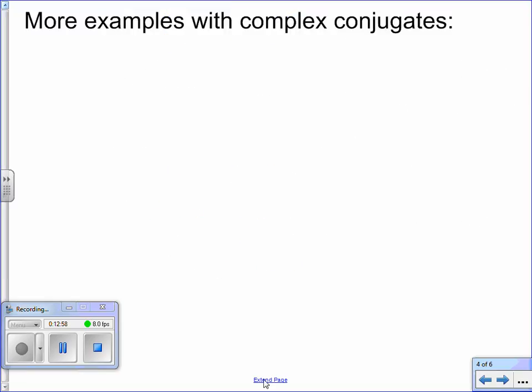So I'm just going to make up another complex number. It could be any number. I'm going to choose some smaller values. So I'm going to say 4 minus 2i. What is the complex conjugate to 4 minus 2i? 4 plus 2i. This time, I'm going to do my shortcut first.